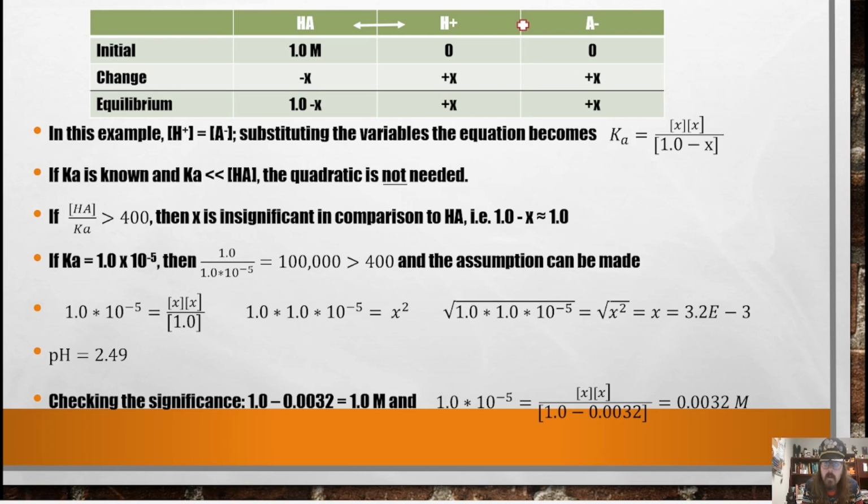Now, here's where it could be difficult.